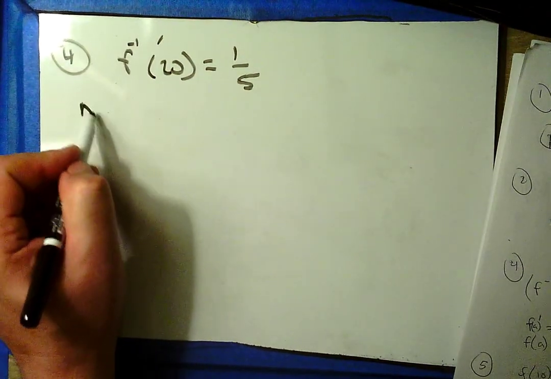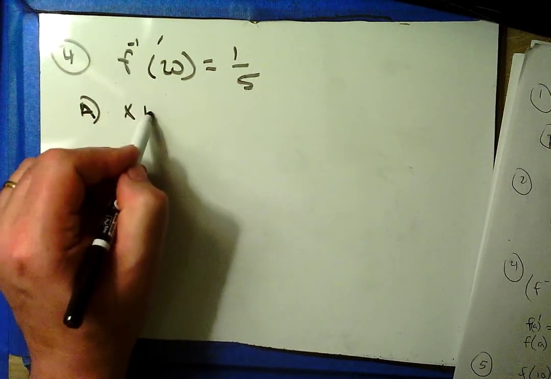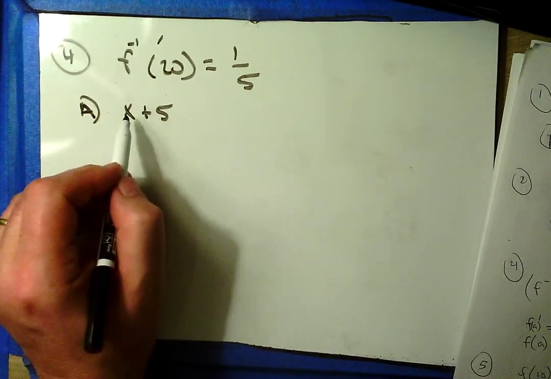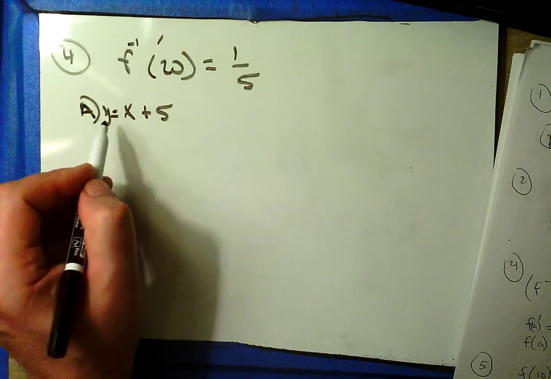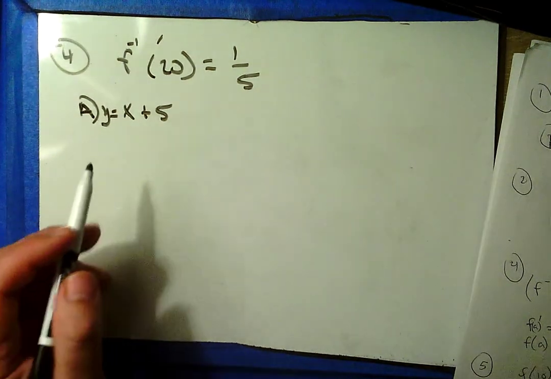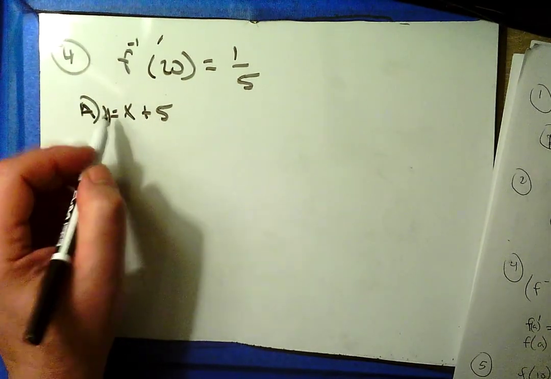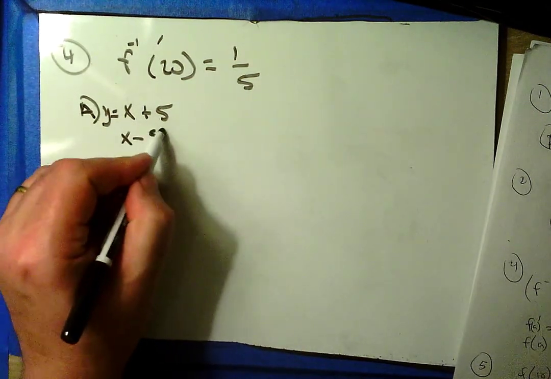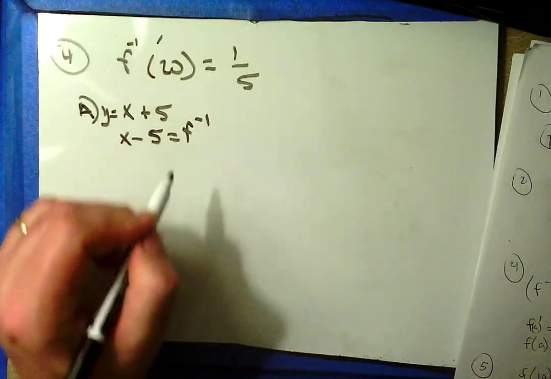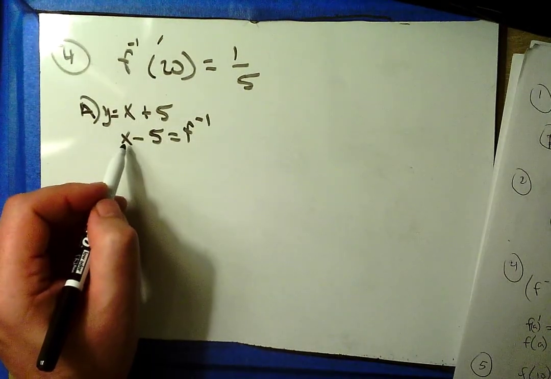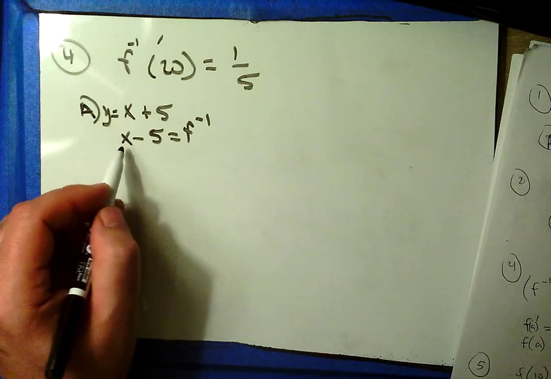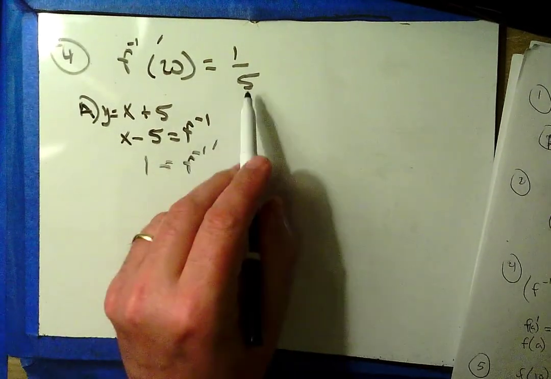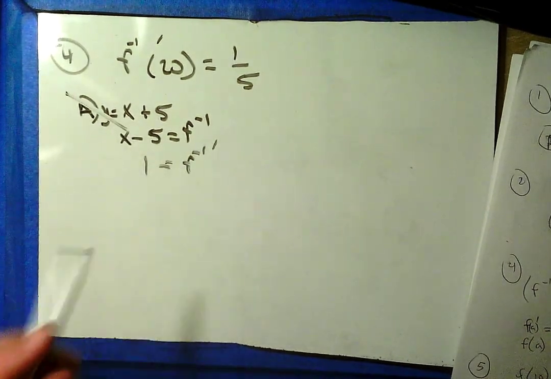Okay, so A says x plus 5. We can find the inverse here by switching the x's and y's and solving for y. So x minus 5 equals f inverse. And if I plug in a 20, and I want to take the derivative, f inverse prime, I get 1. Well, 1 is not 1/5, so that one doesn't work.